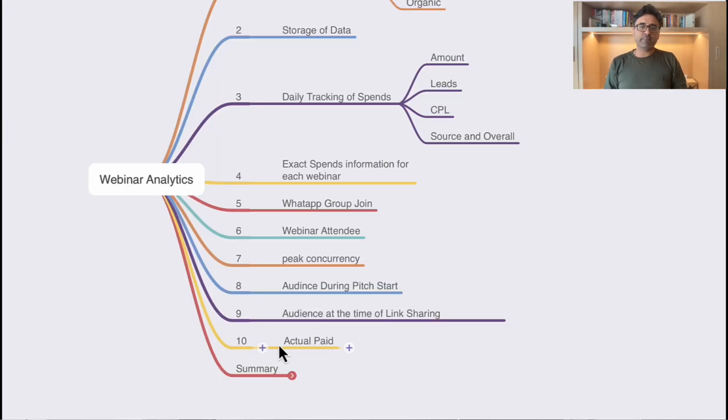This is the most important data, because it is going to give you your true ROI, how much money you have actually earned by investing in various tools and of course the ads and everything. So this gives you total information about how many people actually paid.